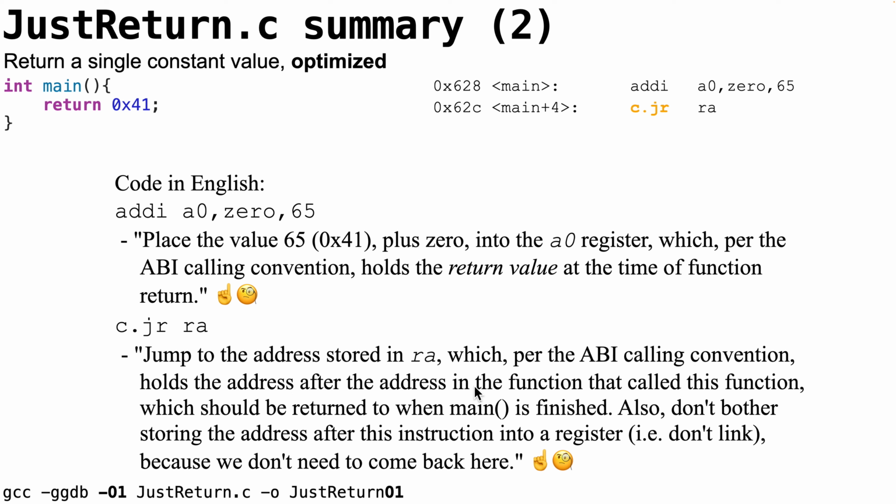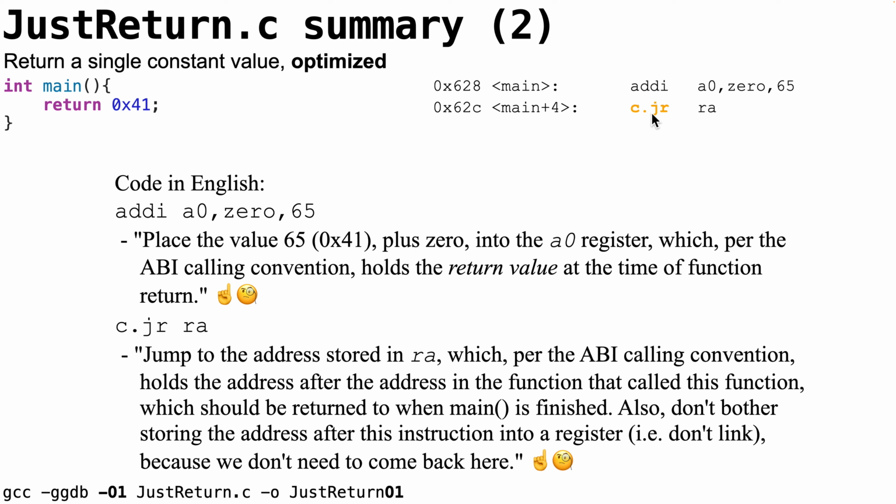It holds the address after the address of the function that called this function. And what is this function? It's main. So someone somewhere called main, and they placed the way to get back out of main. When you return back out of main, they placed that value into the RA because they're abiding by the ABI calling convention.